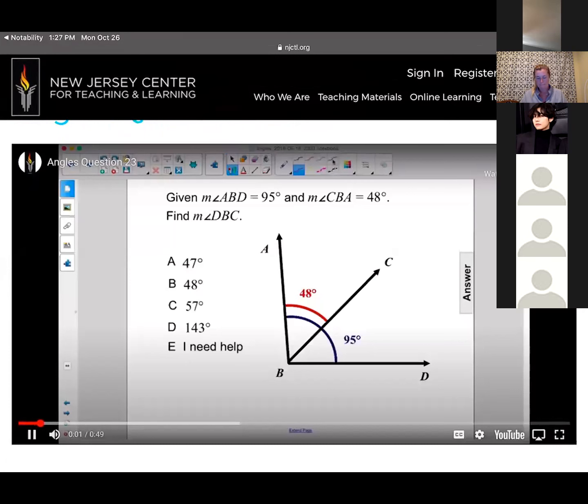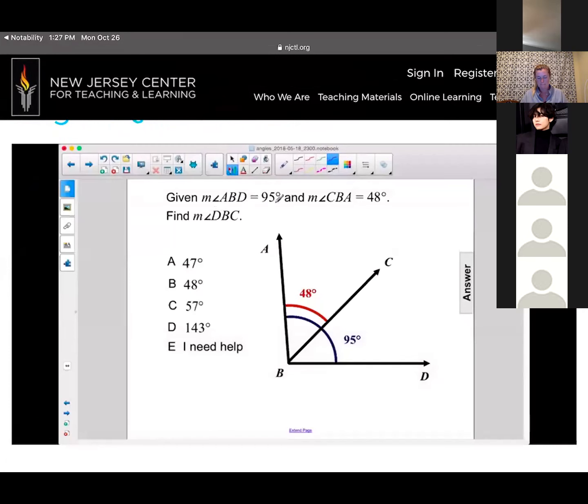Given that the measurement of angle ABD equals 95 degrees, and that's the large angle from this ray over to this ray, and the measurement of angle CBA equals 48 degrees here, find the measurement of angle DBC, which is this angle here.